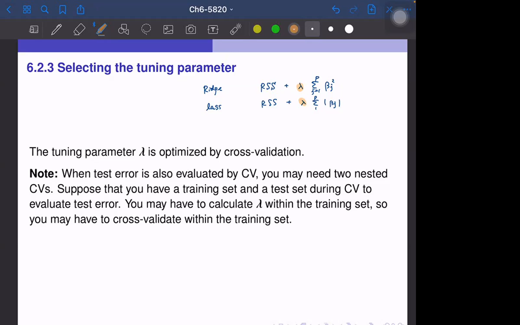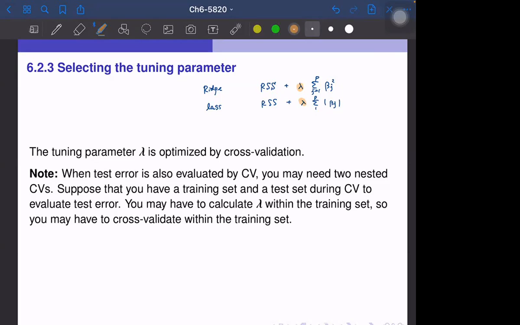If we are evaluating test MSE, we have to do two layers of cross-validation. We cross-validate the data to estimate something with the training set, then we calculate the test MSE, then we do cross-validation to evaluate the model performance.